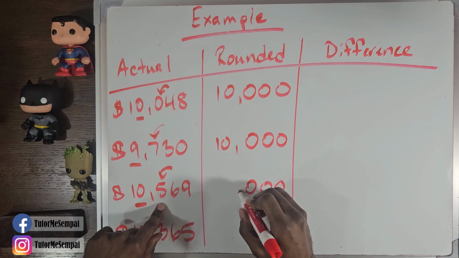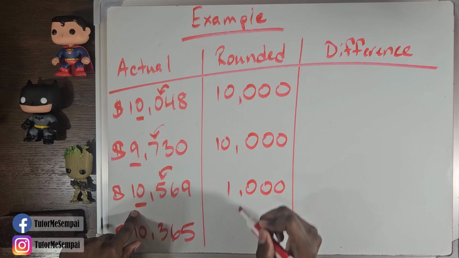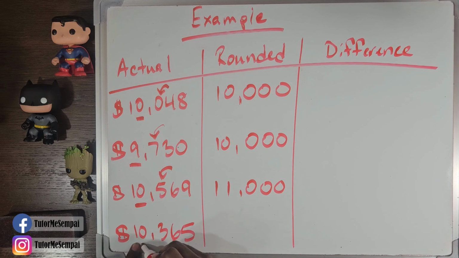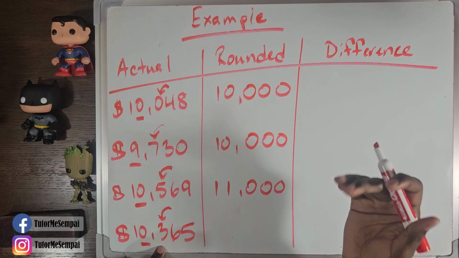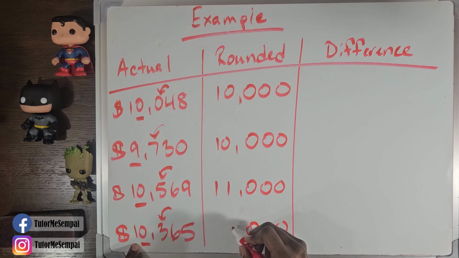Always get those zeros. This gets plus 1. So that goes there, and that stays the same. All right. Check, check. Greater than or equal to 5? No. Rounding down. You still have your 3 zeros. That stays the same.